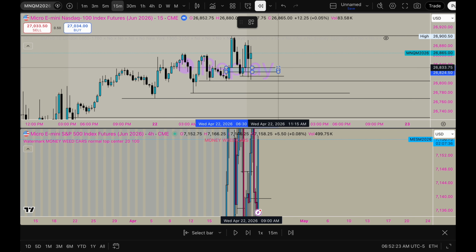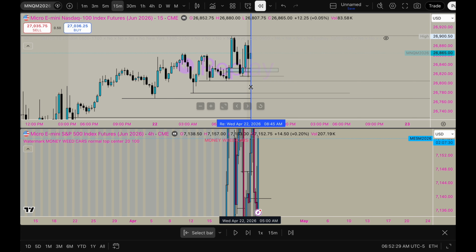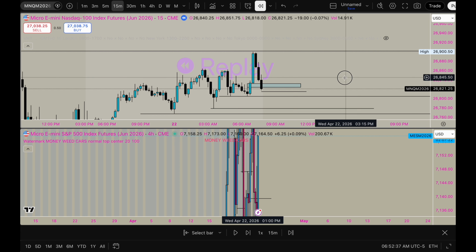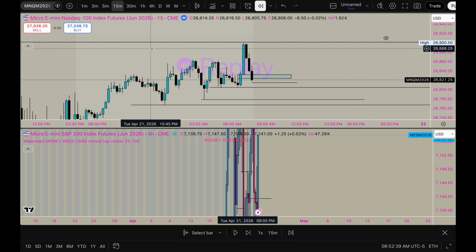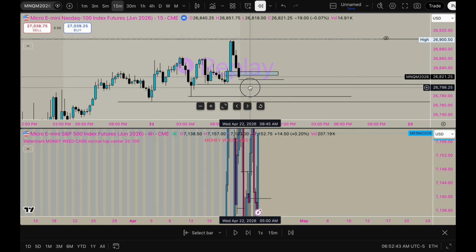Now that we're on the 15, I'm going to go ahead and mark this fair value gap. I also went ahead and marked a lower low around the 3 a.m. checkpoint. We're going to drop down and speed this up into real time. Right now it's about 7:30 pre-market.